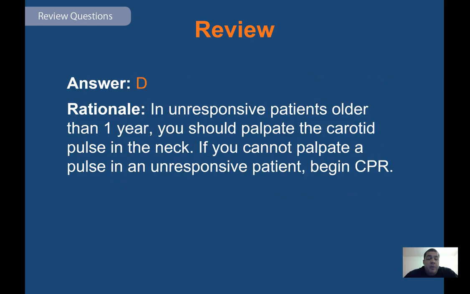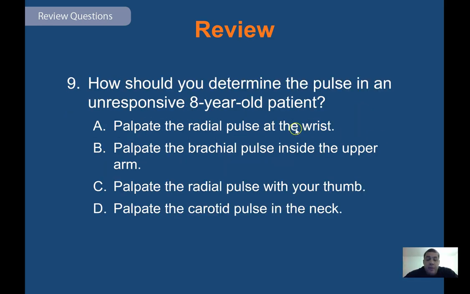D. An unresponsive patient older than 1 year, you should palpate the carotid pulse in the neck. If you cannot palpate a pulse in an unresponsive patient, begin CPR. So, patient's not a pediatric anymore. He's 8 years old, right? So anybody older than 1 year old, you're going to do a carotid pulse in the neck.